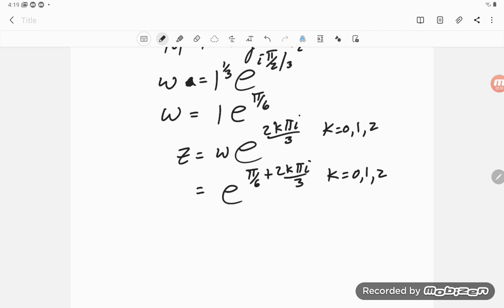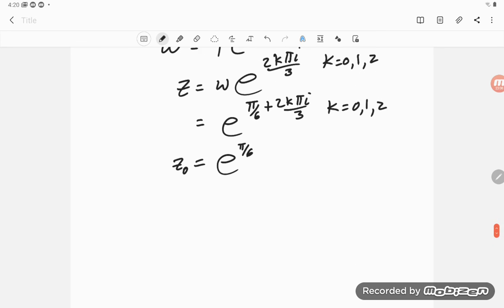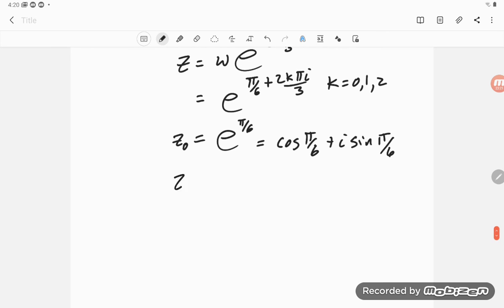Now, we can also talk about principal arguments. So what we have is our Z0 is e to the pi over 6, which would be cosine pi over 6 plus i sine pi over 6, if I wanted to write it that way. Z1 is equal to e to the pi over 6 plus 2 pi over 3.